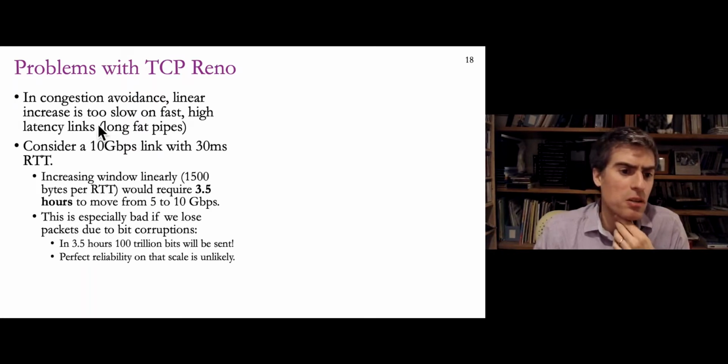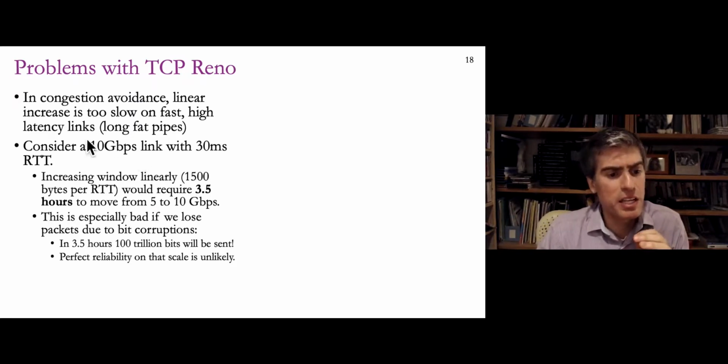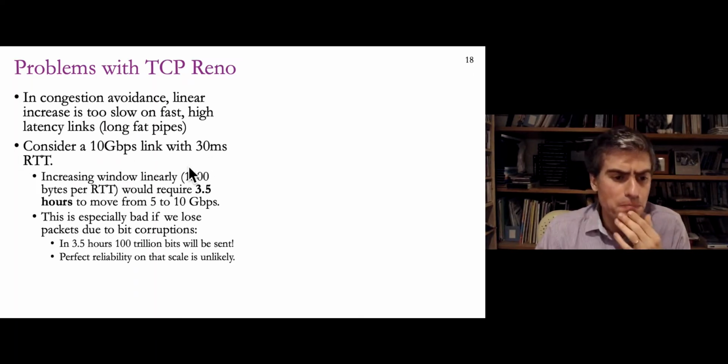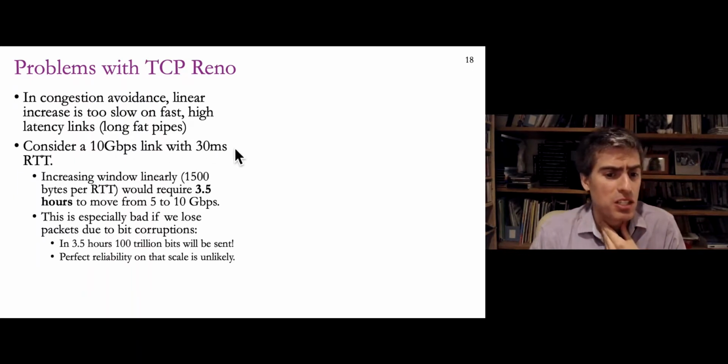Remember, a long fat pipe is a fast link, like let's say a 10 gigabits per second link that has a high round trip time. This would be like an ISP's link between, let's say, Chicago and San Francisco. It's a really fast fiber optic link, but the round trip time is slow because of the speed of light.